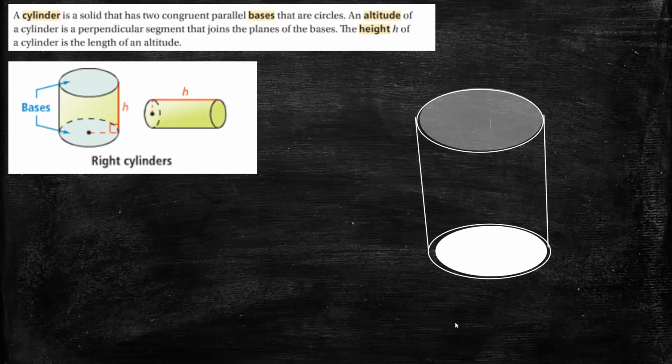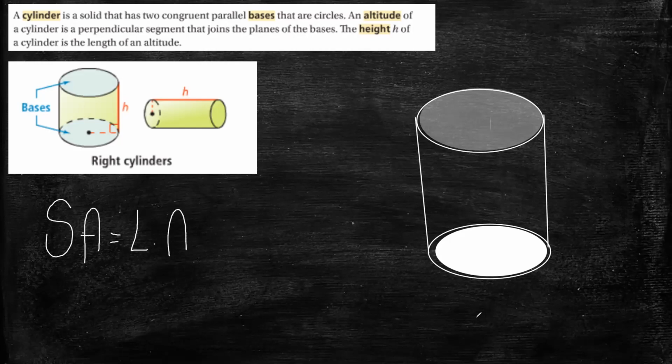So as we said before, the surface area is the lateral area plus 2 times the area of the base. This is for the surface area for the cylinder and for the prism. But here, the shape of the base is fixed. It cannot be sometimes a rectangle, a pentagon. It's always a circle.